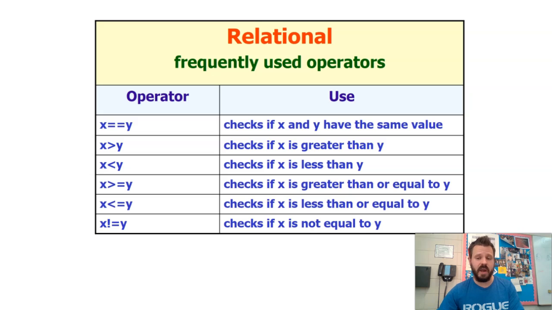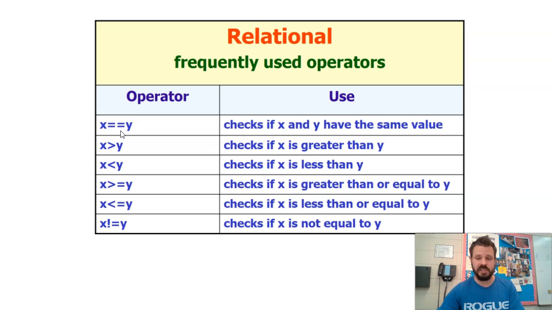Now when it comes time to write Boolean expressions, we'll use our relational operators. Here are the typical ones you'll use, the ones on the Java exam. The big one will be the equal operator. This checks if x and y have the same value. If I just had the single equal sign, Java wouldn't like that. Single equals is for assignment.